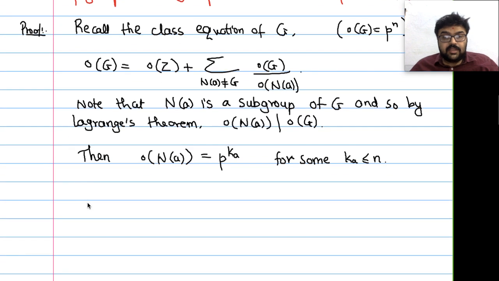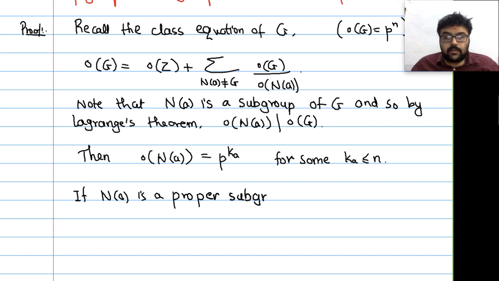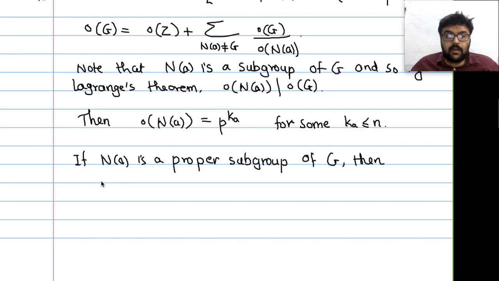So if N_A is a proper subgroup of G, then the order of N_A is P power k_A, where k_A is strictly less than n.